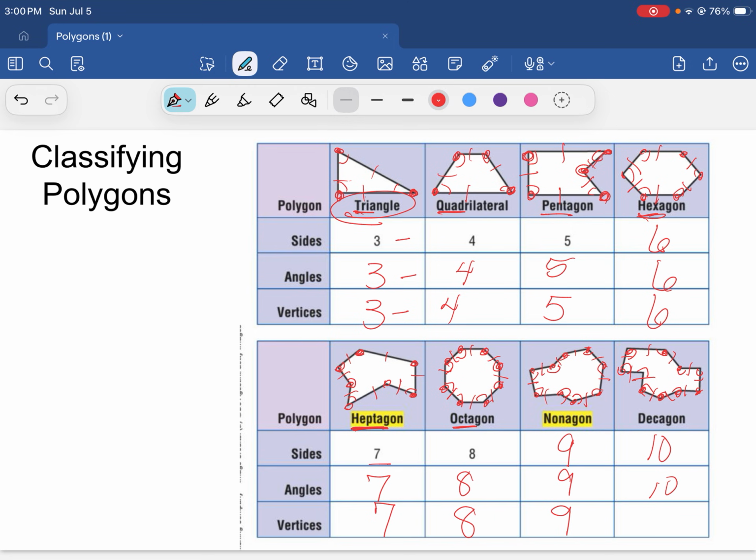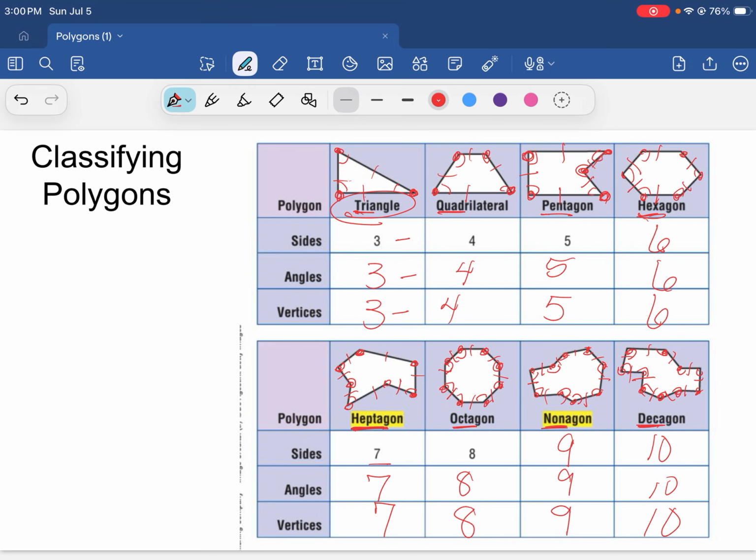If a shape has 10 angles, 10 sides, 10 vertices, it is called a decagon. Deca meaning 10. Nona meaning 9.